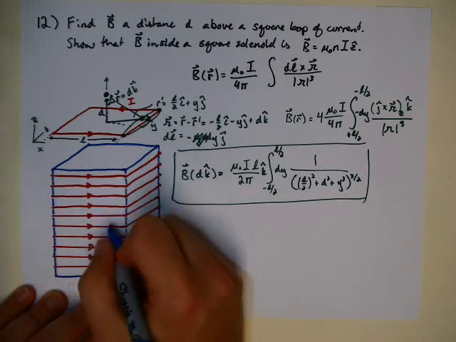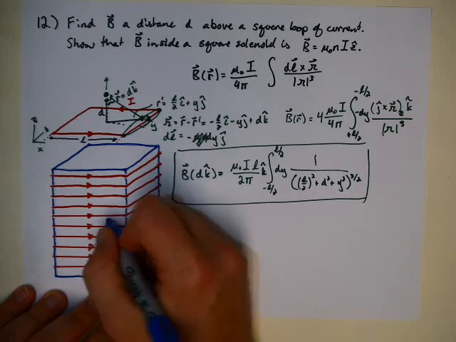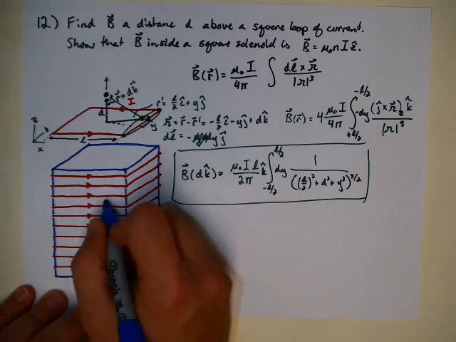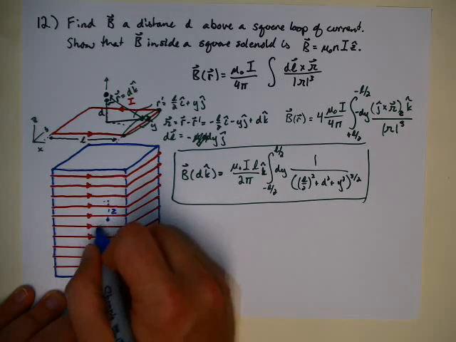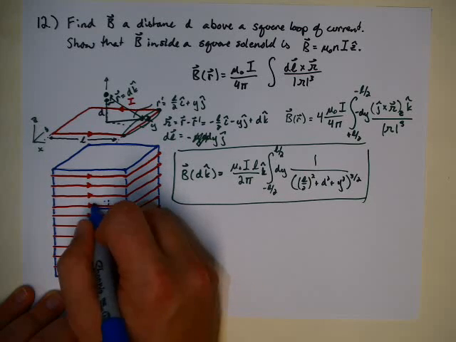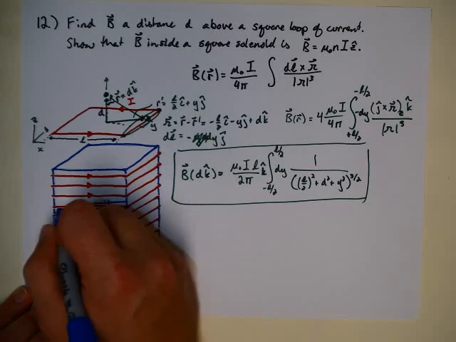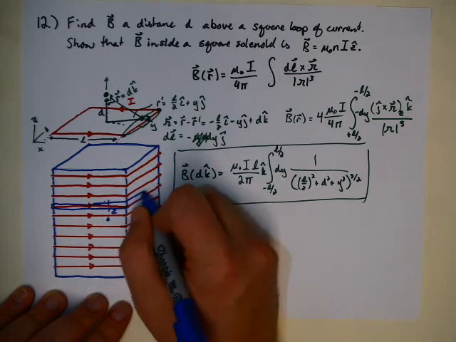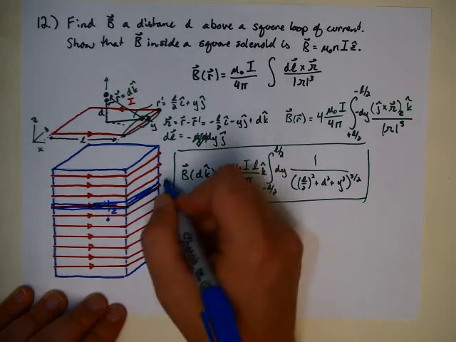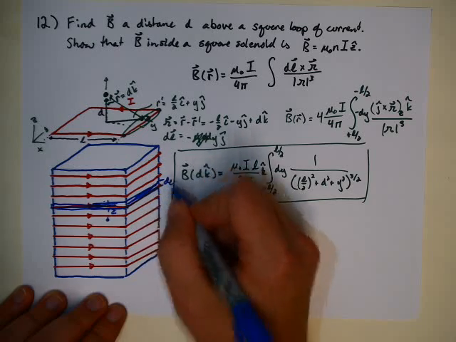So let's look at some point here in the center, and let's say at a distance z up from that point in the center, we look at a band here of width dz.